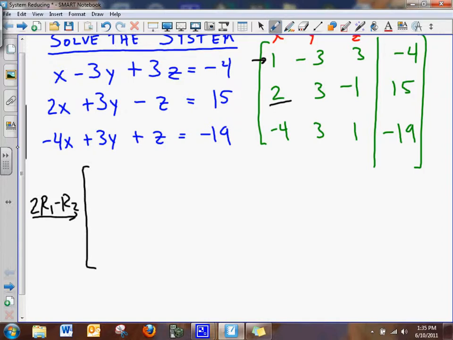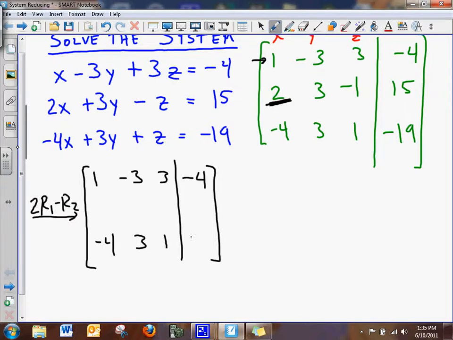I'm just making this number, the 2, a 0. So I'm not changing rows 1 and 3. I like writing those rows right away. I'm only changing row 2. This one's 0. You already know that.